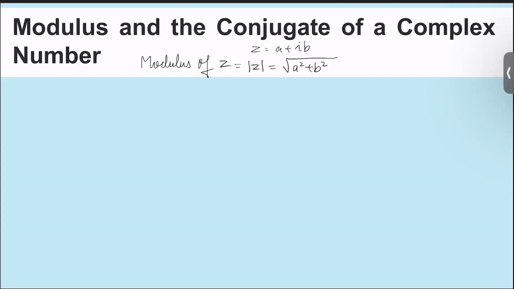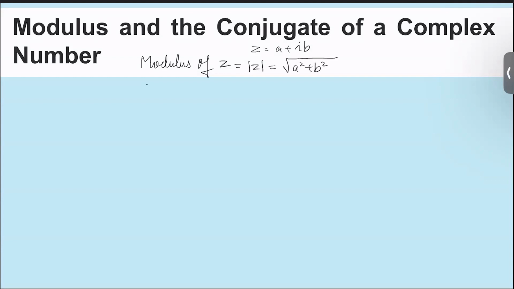So this is your modulus. Essentially, we only find the magnitude, or we only consider the real coefficients of both the real part and the imaginary part to get the modulus of a complex number.